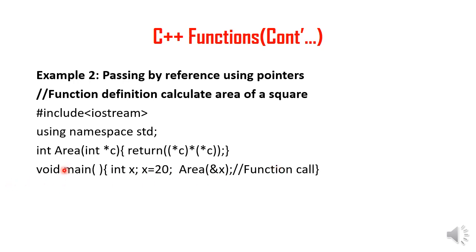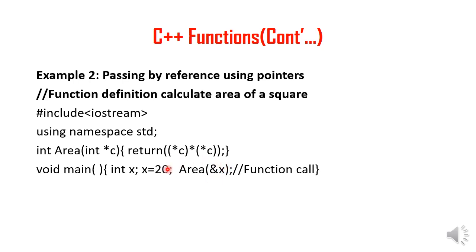So void main, once we use a void return type, our function won't return any value. I declare the variable called x. This is the first statement because it is ended by a semicolon, and I initialize the variable x to the value 20. After initializing this value, I'm going to call a function.